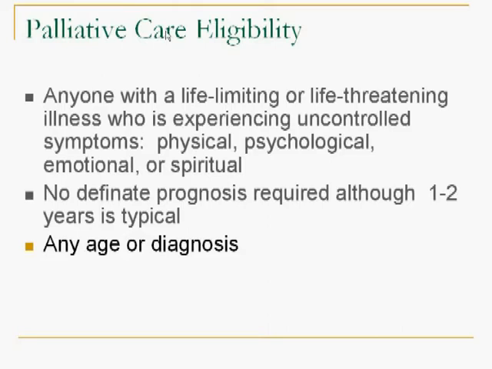It could be any patient, any age, any diagnosis. Hospice care and palliative care are not cancer services. A patient that dies of dementia is just as dead as a patient that dies of cancer, but somehow that perception is still out there in the community.